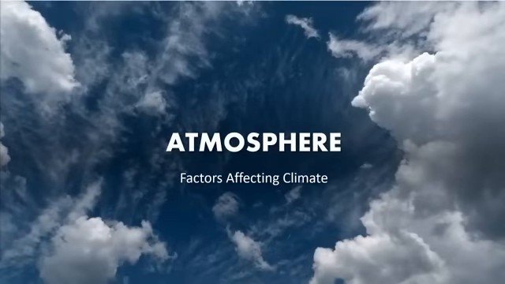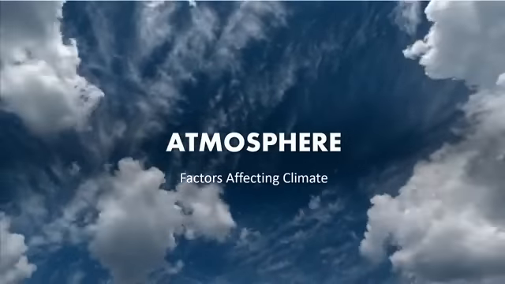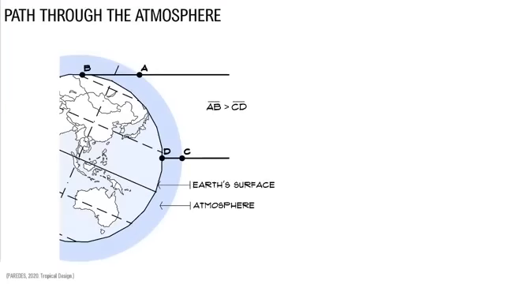So when the sun gives off the solar radiation and it hits the atmosphere, it actually travels through a straight line. So if you can see a line C to D, what can you see there? The line of the sun ray is almost perpendicular to line CD. So it is much shorter than line AB.